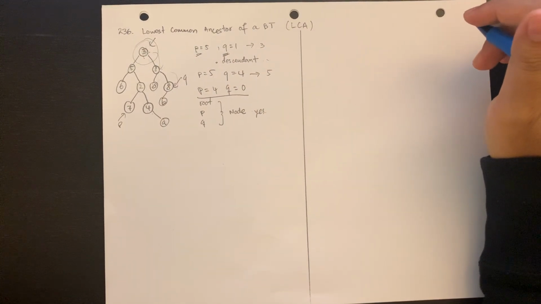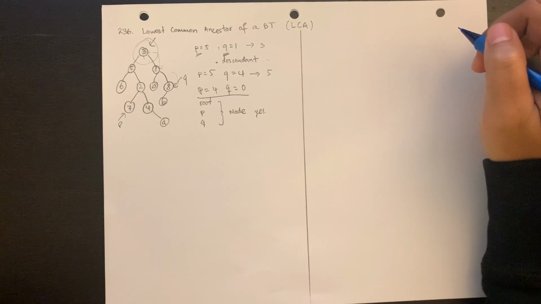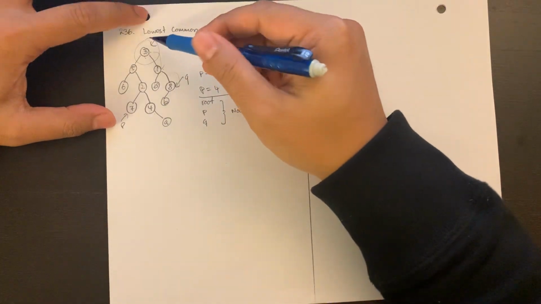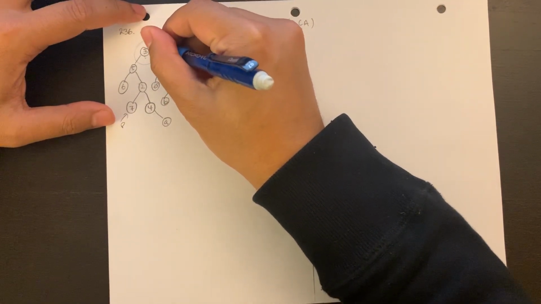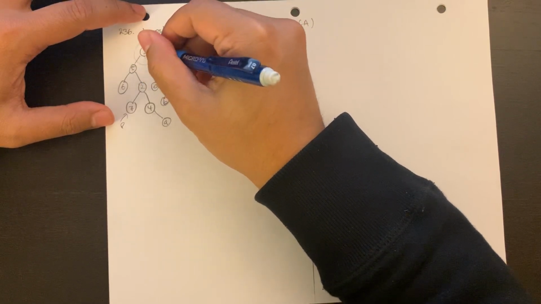You know what? We can always do brute force. What do you mean by brute force? So basically we start from the top, and then we traverse.